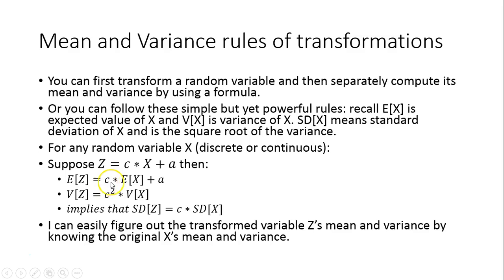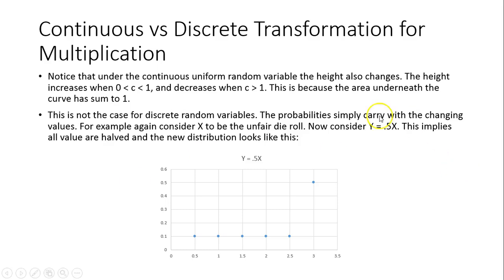It will be 0.5 times the expected value of x, and the expected value of x is 4.5. 0.5 times 4.5 is exactly 2.25. So the expected value here should be exactly 2.25. I don't have to, again, use these formulas to compute the expected value of this distribution.